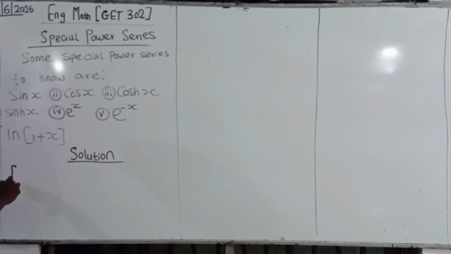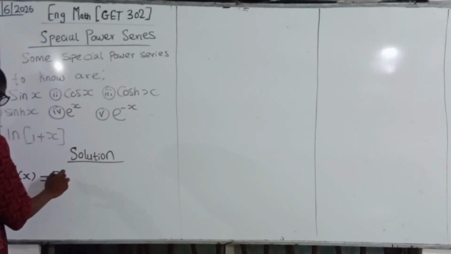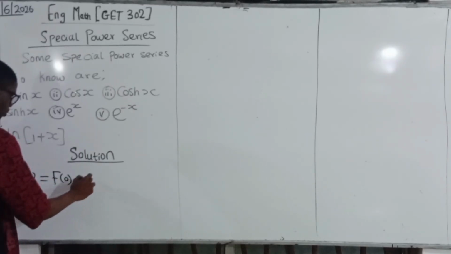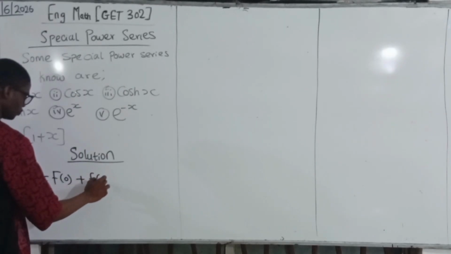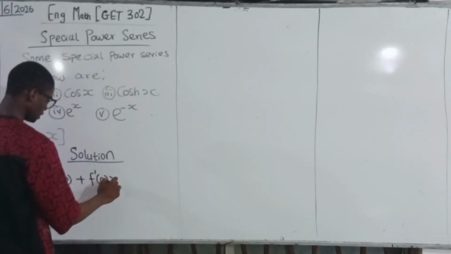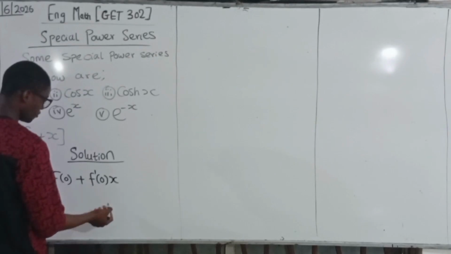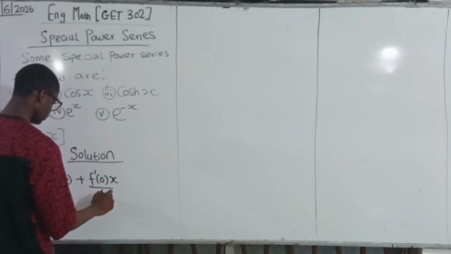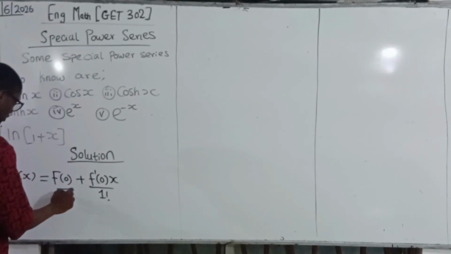generally is given as f of x equal to f of 0 plus f prime of 0 x. You can say all over 1 factorial if you want, but 1 factorial is still 1. But let me just write it 1 factorial. Here you can call it 0 factorial.